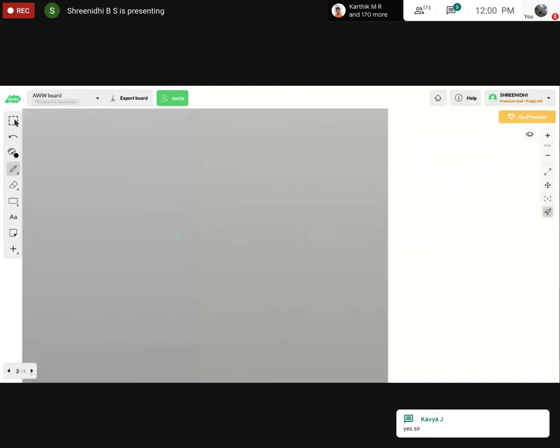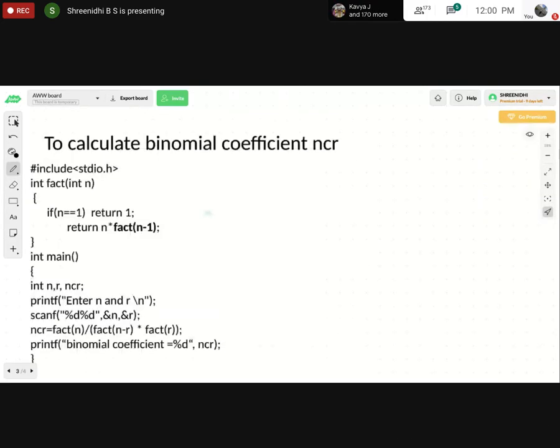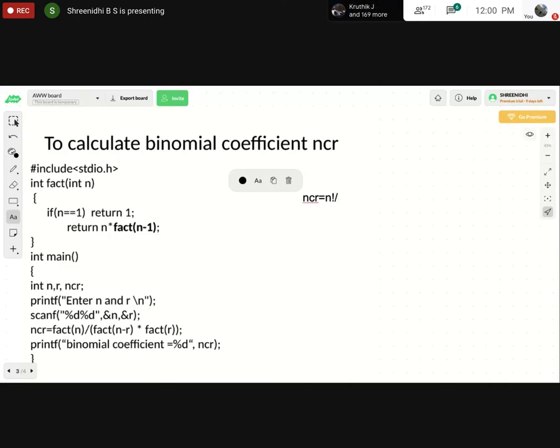Next one we'll go. Same thing. What do you mean by binomial coefficient? Anyone? Binomial coefficient, let's show nCr. What's the formula? nCr is equal to n factorial divided by n factorial into n minus r factorial.